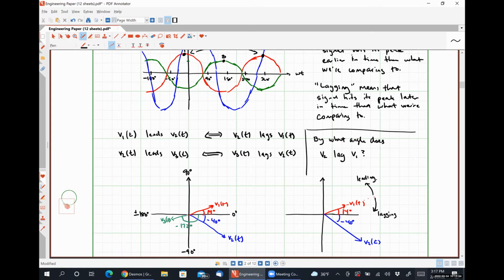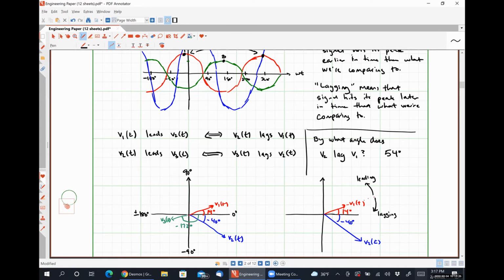So if we're looking for by how much V2 lags V1, we start our measurement at V1 and then just add up the angles until we hit V2, which in this case would be 14 degrees and 40 degrees, or 54 degrees.